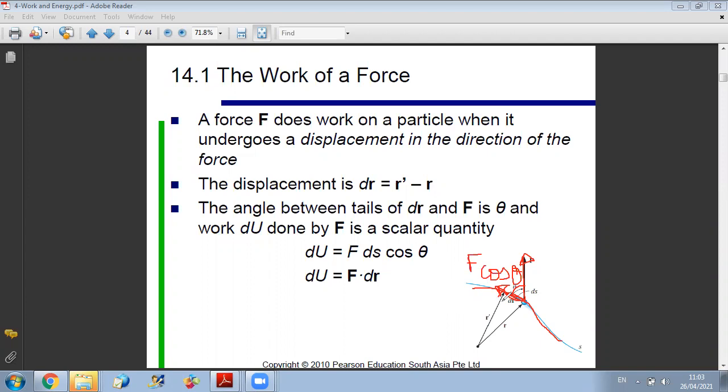This is why the definition of work can be done by the scalar product. So we can say that the elementary work of a force can be defined as the force scalar dot product the displacement vector, dr.